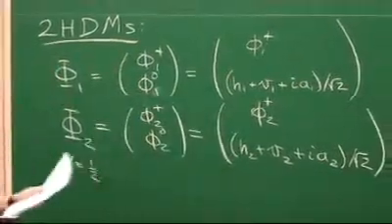Yeah? It's basically because you only break 3 of the generators, and you can always identify the 4th with the photon.